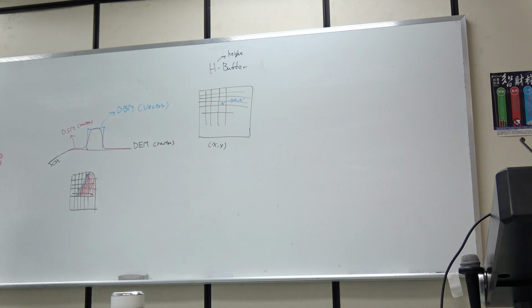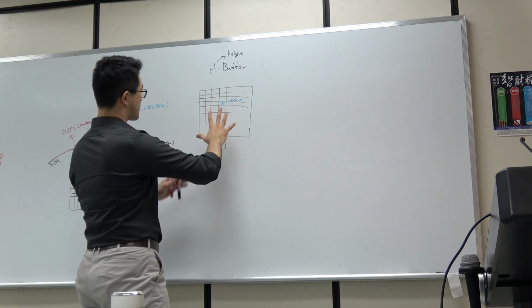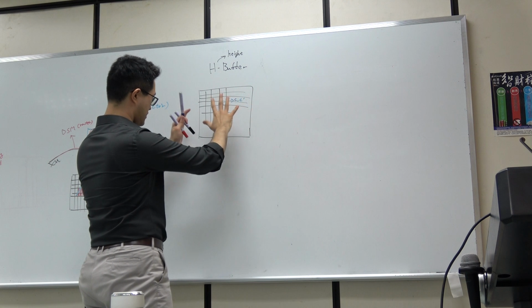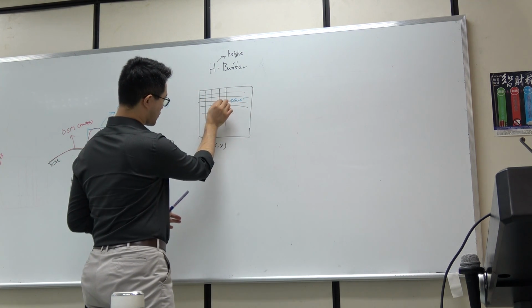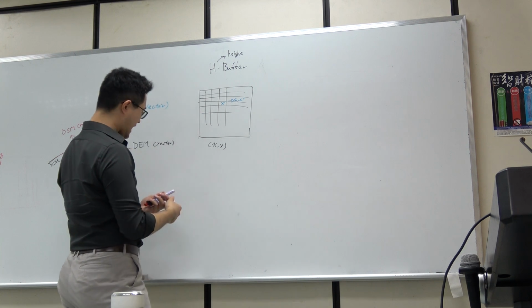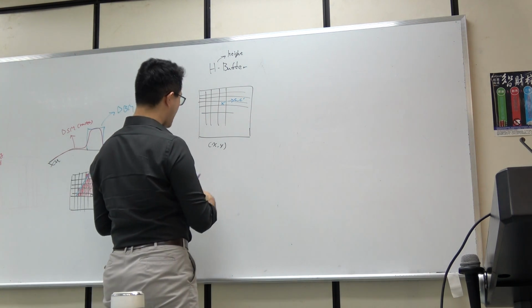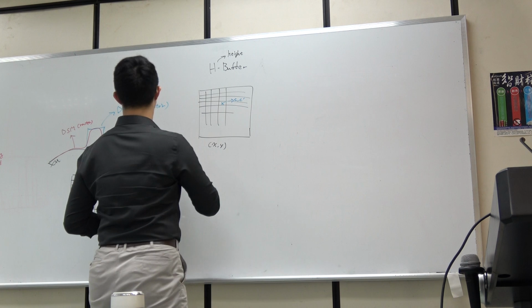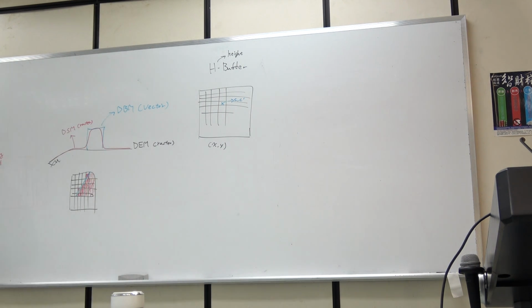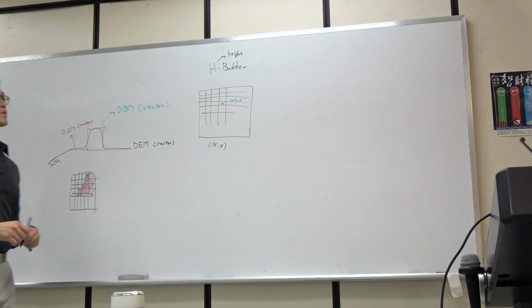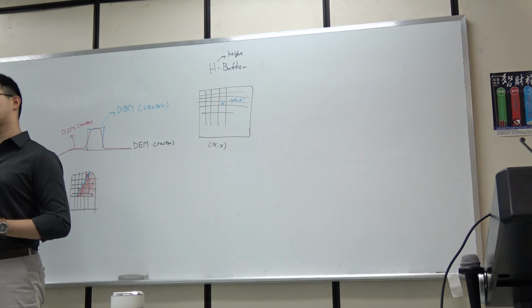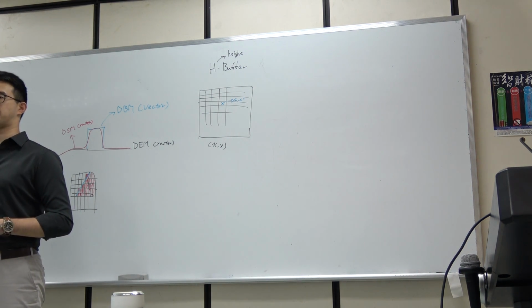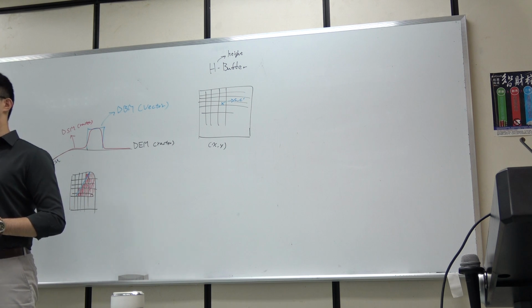When you are preparing this H buffer, the information that you store for this pixel is the height of the point that you just reprojected. You will keep the height of which point, C plot or C?